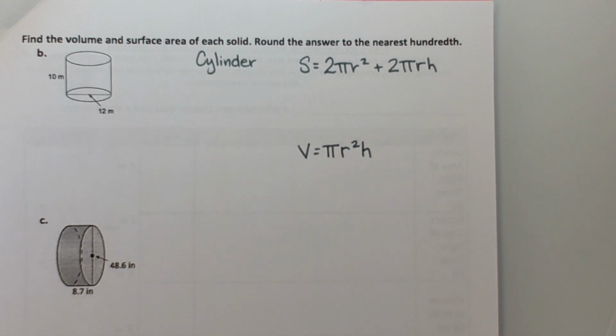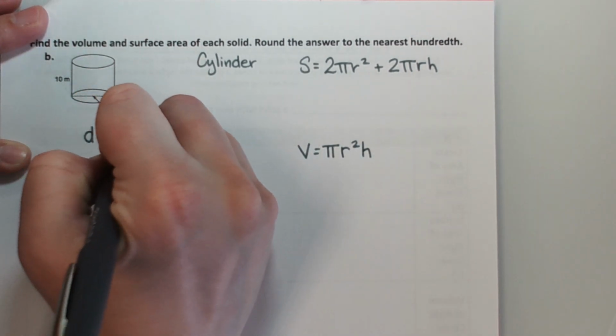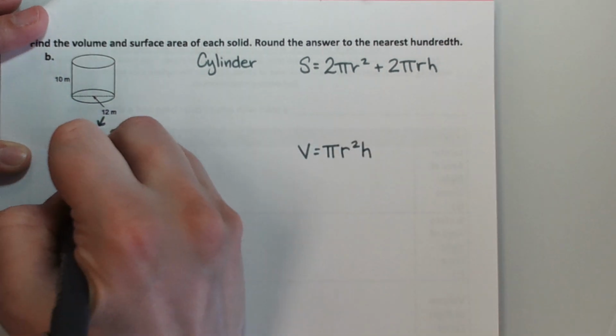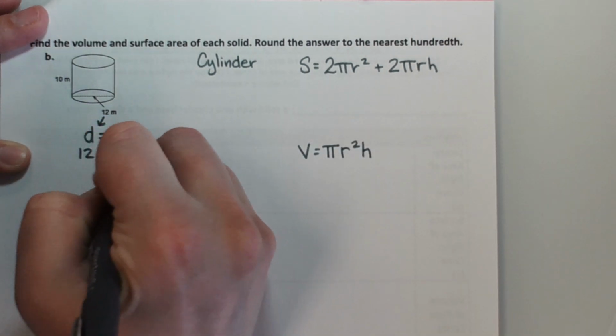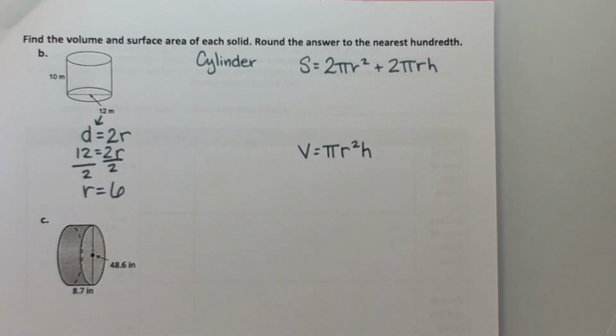Do we have r? Not directly. It's 6. Where are you getting 6 from? Half of the diameter is always a radius. Yes, this is the diameter, and remember the diameter is 2 radius, so if I have that, that'll give me my radius of 6.